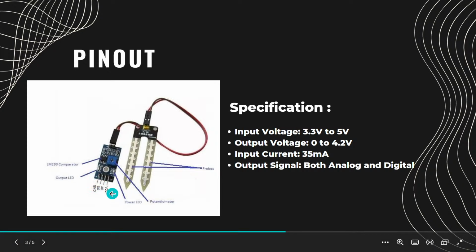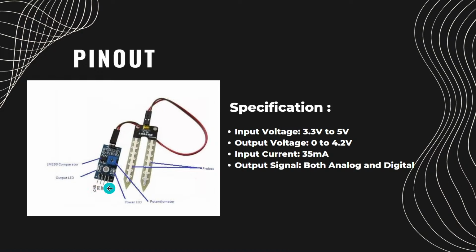And coming to the digital output pin, this pin is the digital output of the sensor. It is a digital signal that indicates the moisture level of the soil. When the soil moisture level is below a certain threshold, this pin will output a low signal which is 0 volt. When the soil moisture level is above the threshold, this pin will output a high signal which is 3.3 volt or it can be 5 volt.